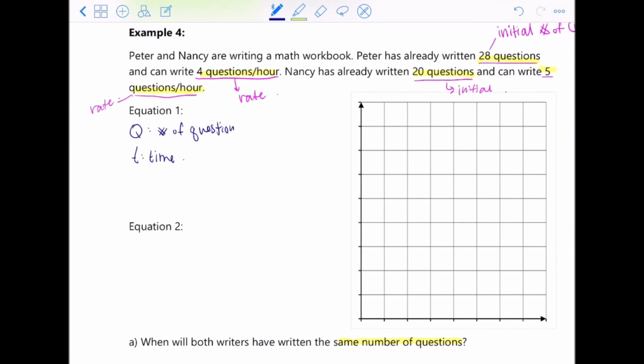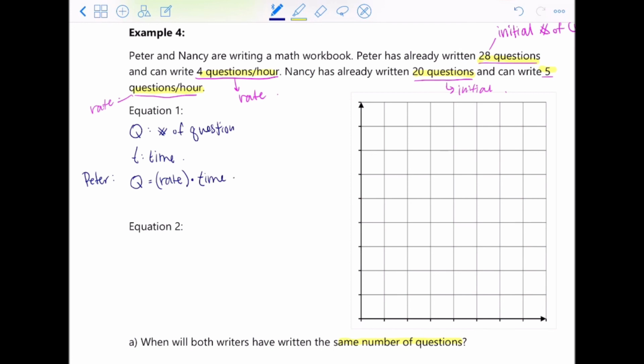So essentially how we can calculate Q, because time is always independent, right? So Q is always going to depend on the speed that Peter writes. So for example, this is going to be for Peter. So rate times time, okay?